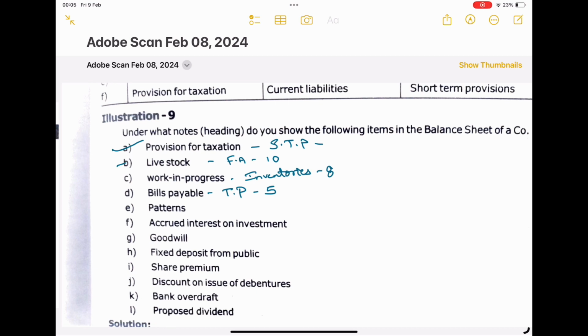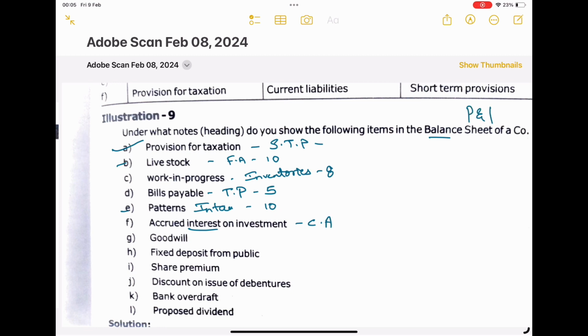Patents. So patents are nothing but intangible assets, note 10. Accrued interest on investment, nothing but interest received. So it is a current asset. They have asked only for the balance sheet, no, that's why I am going to consider this as a current asset.